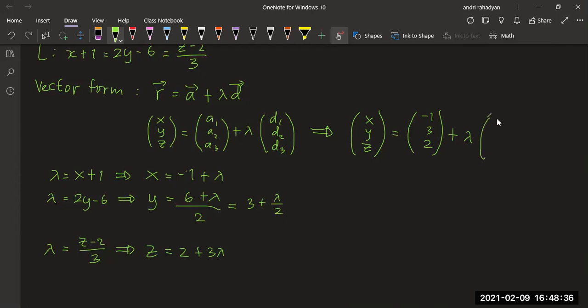Or we can write it out as negative 1 plus lambda, 3 plus lambda over 2, 2 plus 3 lambda.